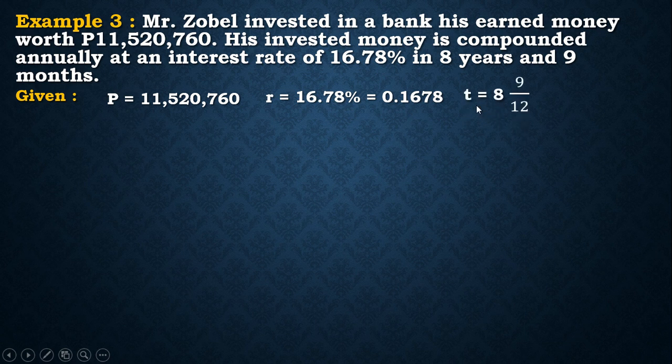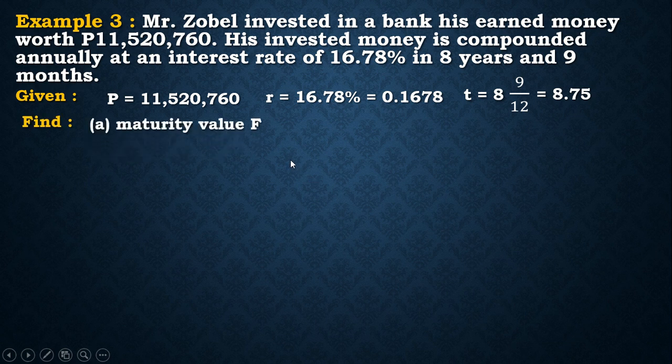And then the T is equal to 8 years and 9 months. Dahil may months po tayo, i-divide po natin to sa 12. So it is equal to 8, yung 8 years. 9 divided by 12, that is 0.75. Inadd po natin sa 8, kaya naging 8.75. 8 years and 9 months.